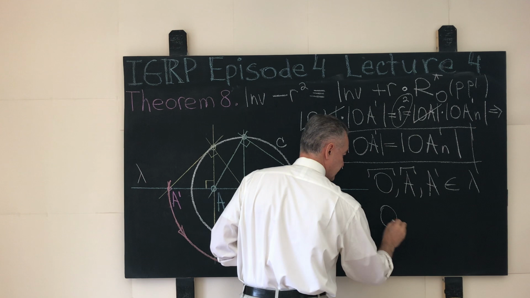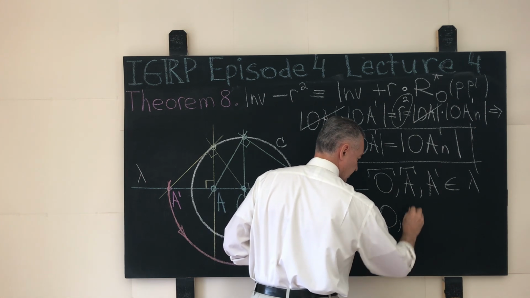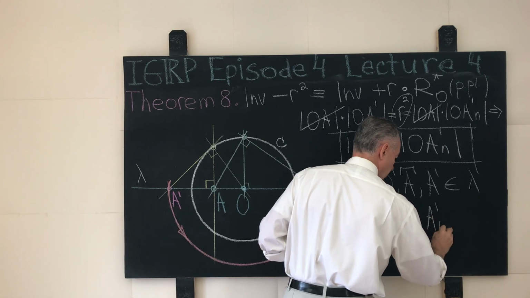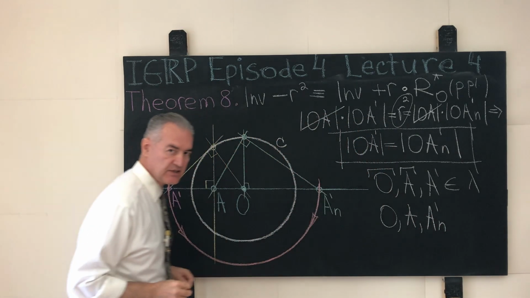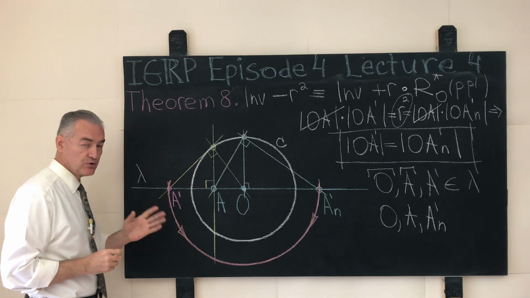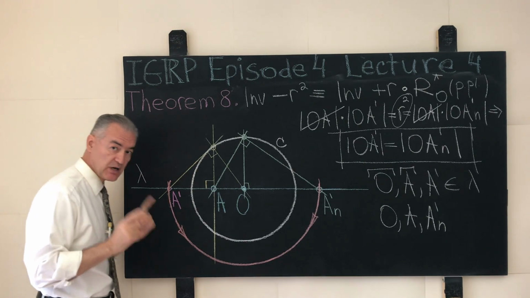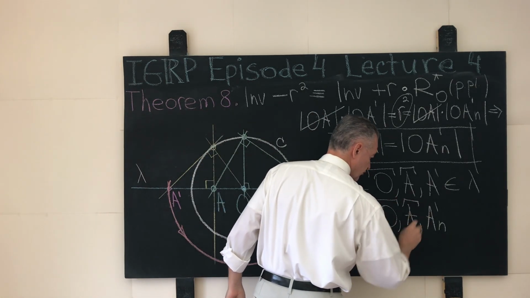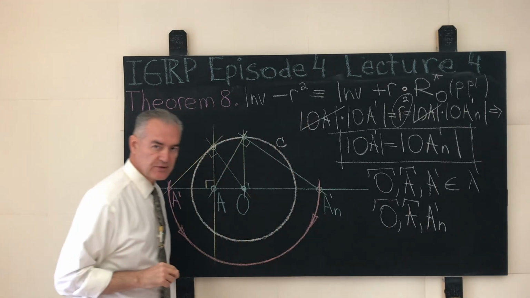Under the inversion of the same plane, with respect to the same circle, but with negative power, we still have this thing that is called condition 1, definition 1. The 3 points of interest must still be collinear, but we have 2 points that are the same, the center of inversion and our original point A.